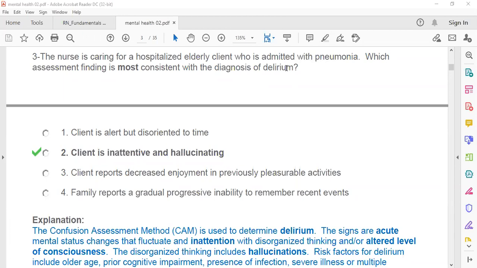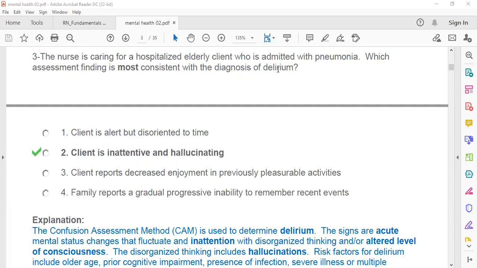Delirium is characterized by restlessness, illusion, and incoherence of thought, abnormal thought, or distracted speech. This is delirium, not dementia.